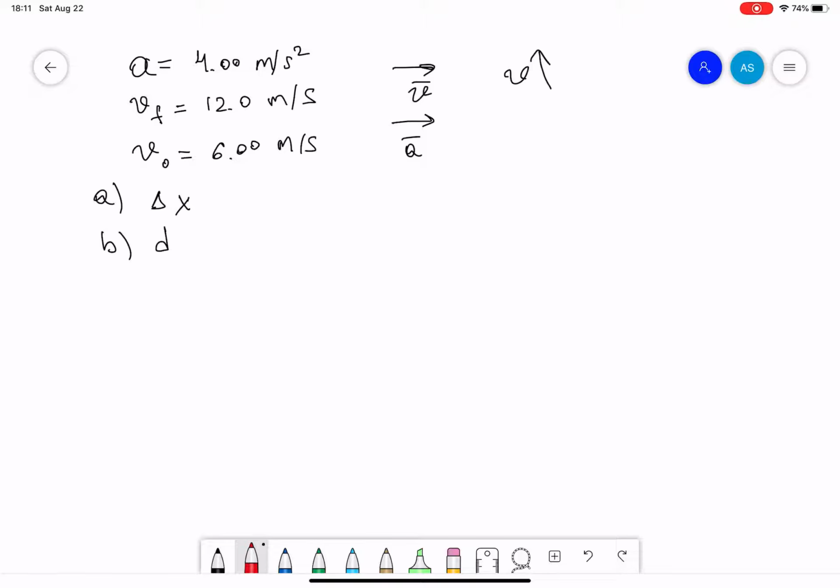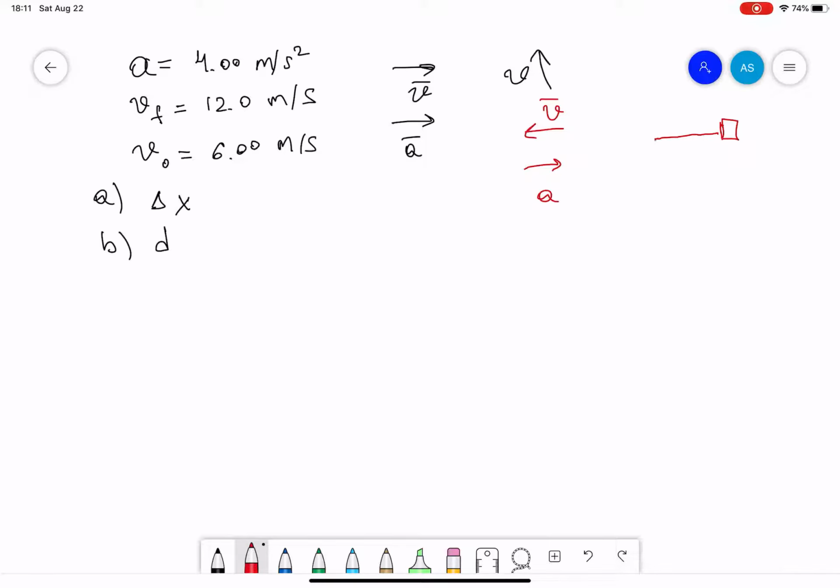But suppose your velocity is in a negative direction, while your acceleration is in a positive direction. Then what happens? The object is moving to the left side, since the velocity is negative, so the object will start slowing down its speed.